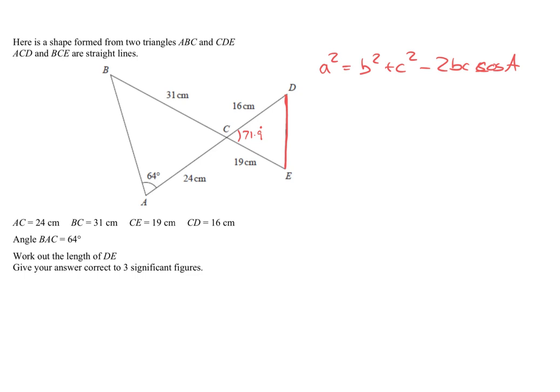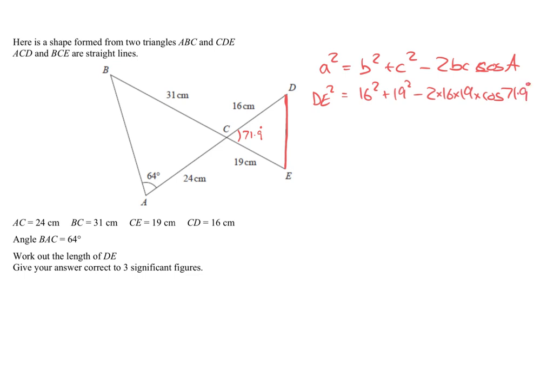Well, a squared is the side opposite the angle. This here, A, relates to this angle here. So it's this side opposite this angle. So what I have here is DE squared is equal to 16 squared plus 19 squared minus 2 times 16 times 19 times the cosine of 71.9, and hopefully you've left that number in your calculator.